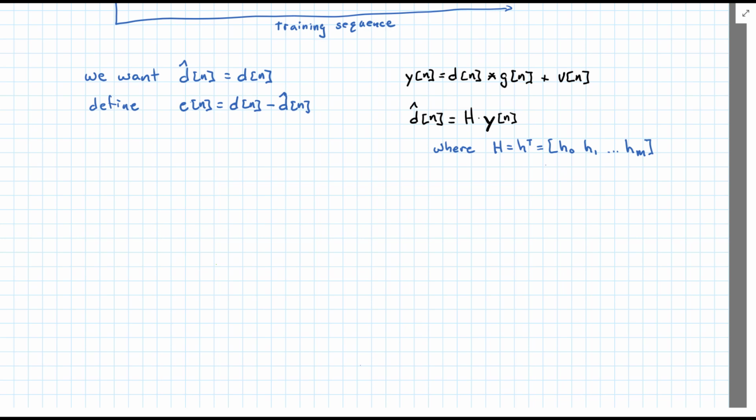And y, you may notice I tried to write that in bold, is a vector. And the vector y of n contains the m plus 1 most recent values of our observation, y of n.